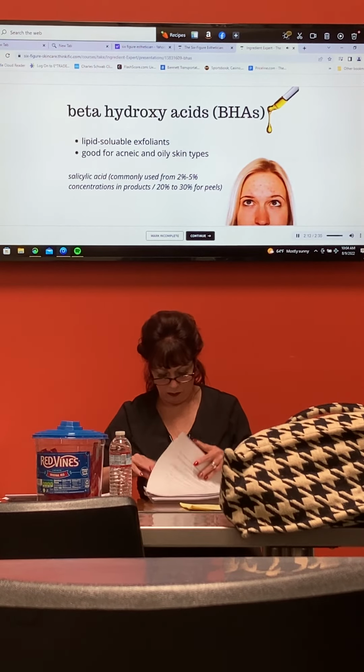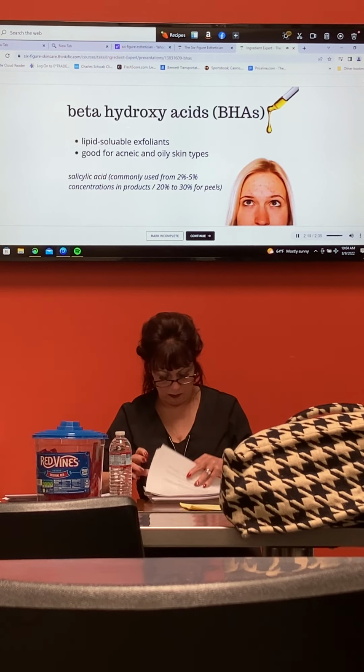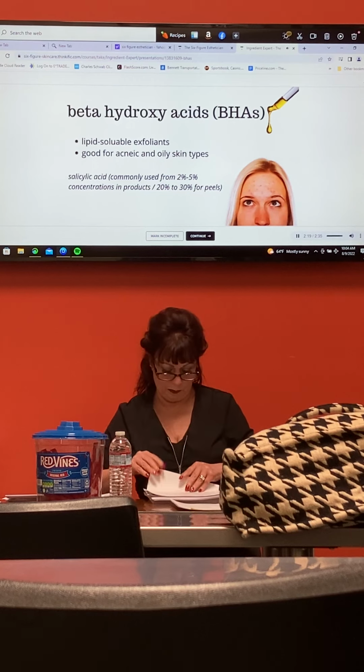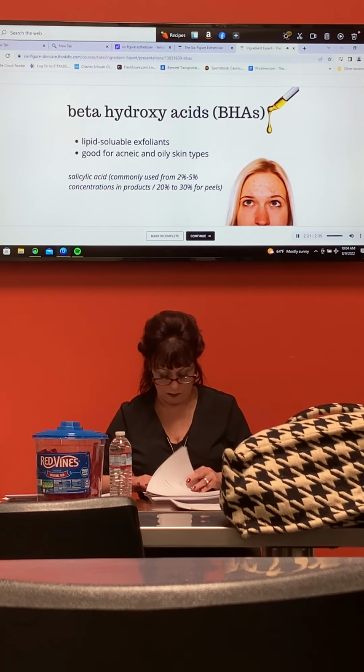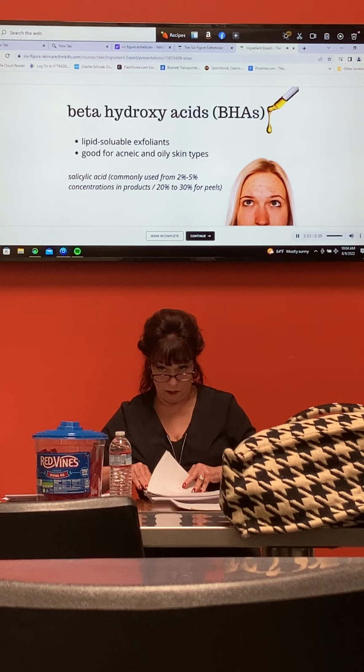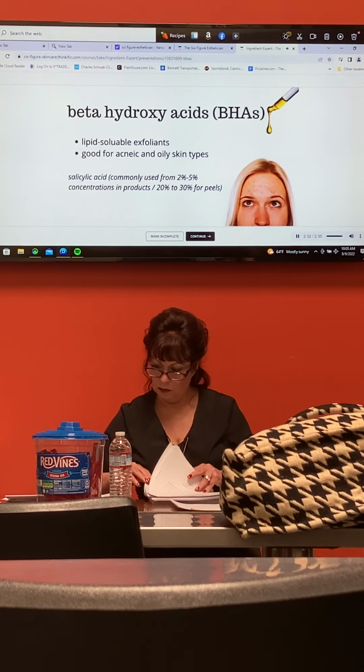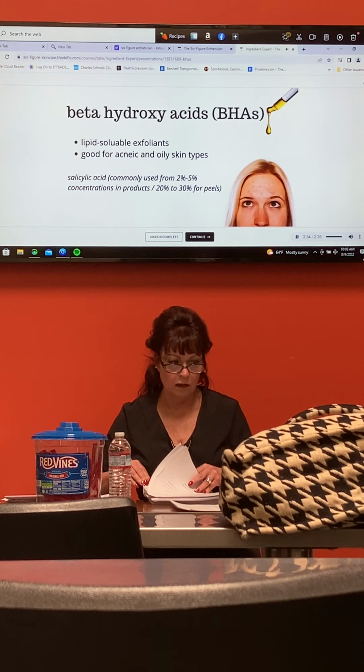What separates it from just a regular salicylic is it's going to attract to oil more than salicylic acid, but the salicylic acid is going to penetrate deeper than an LHA, which in turn, salicylic acid is always the preferred BHA. Good to know the differences though.